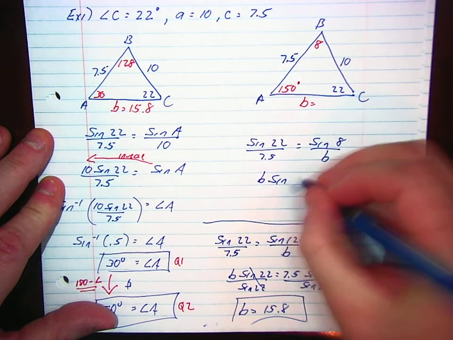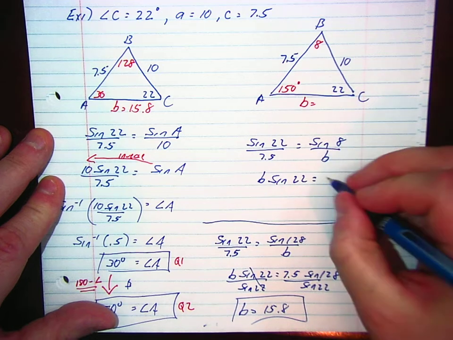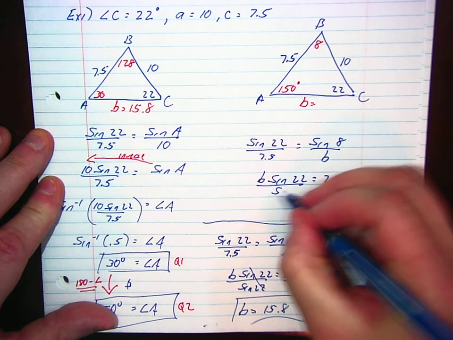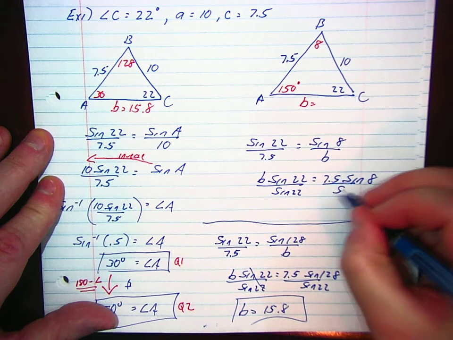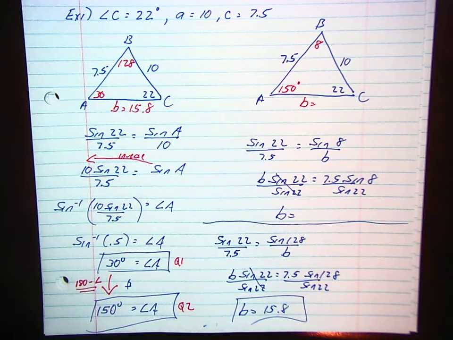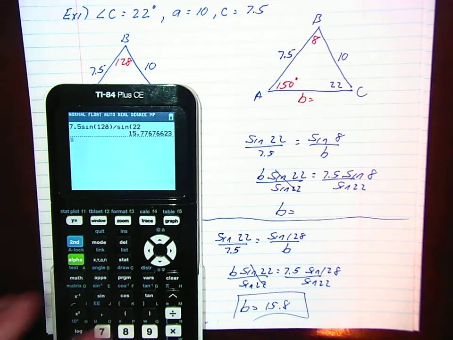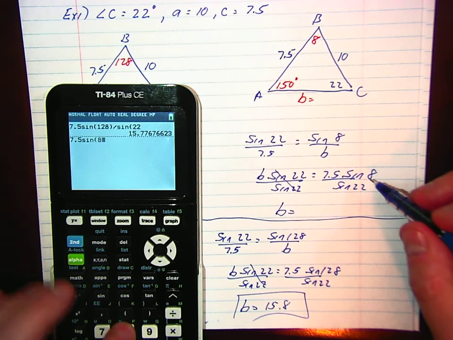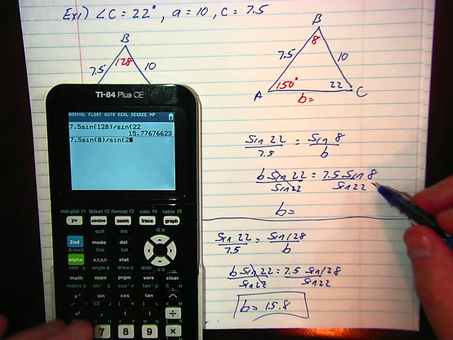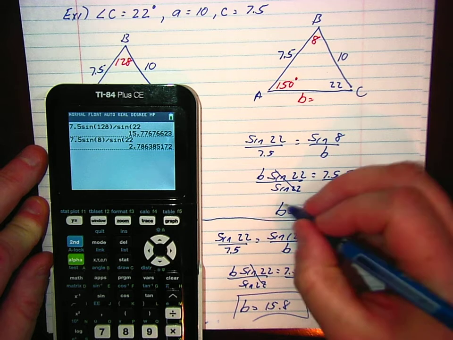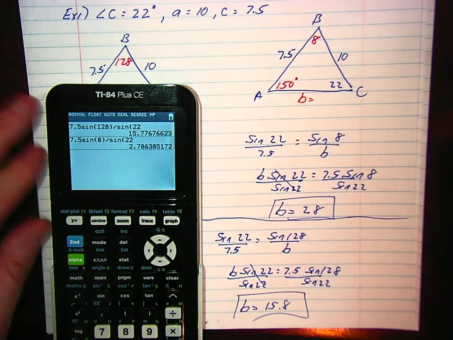B times the sine of 22 equals 7.5 times the sine of 8. Divide this away. And then go to your calculator. So I got on this one 7.5 times the sine of 8 divided by the sine of 22, and you get 2.8. You put that in here.